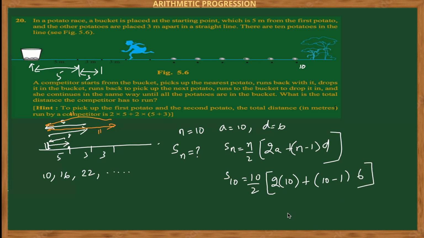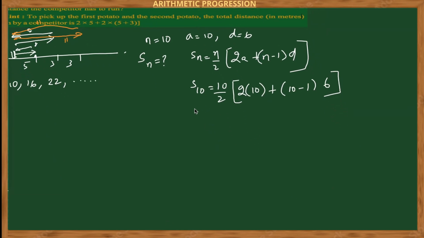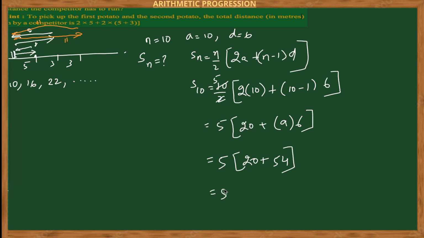So 2 goes into 10 five times. 2 tens are 20, plus 9 into 6, which is 54. Adding, it is 74, and 74 multiplied by 5 becomes 370 meters.